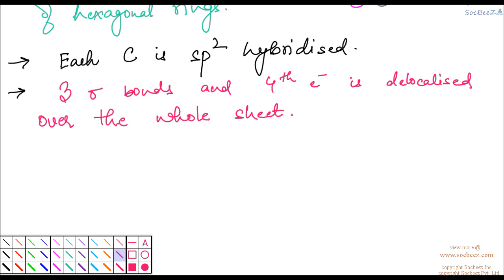By delocalized we mean that the fourth electron is free to move throughout the sheet.